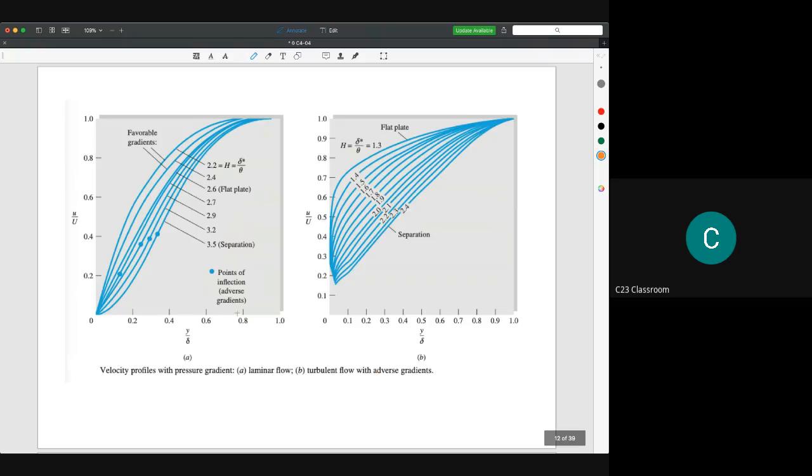So this is actually what we did. This is the curve fitting from the experiment data. We found that if we plot y over delta, meaning the y distance, the height, over the height of delta, and also u over U, the velocity distribution, we get curves for different delta star over delta.